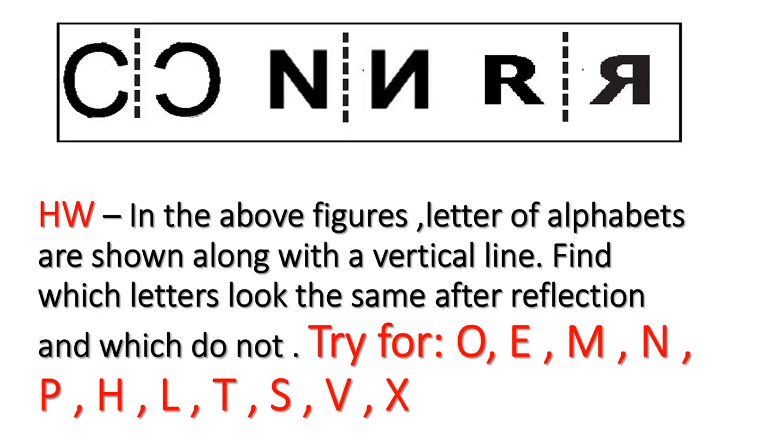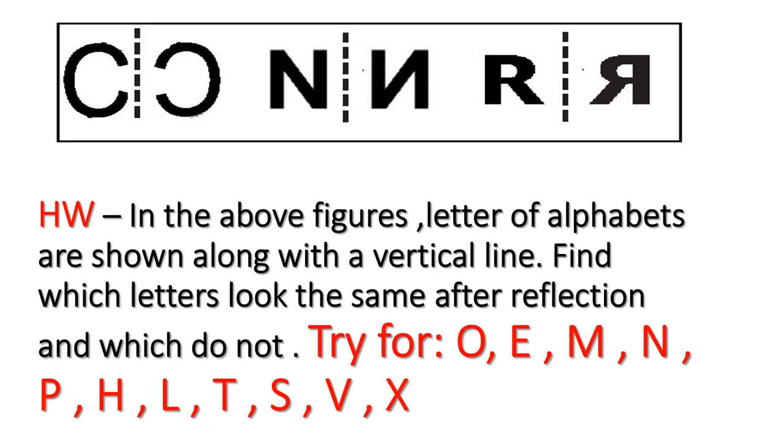Both you have to find out, and you have to try it with these letters: O, E, M, N, P, H, L, T, S, V, X. Now I am going to tell you how to do this.